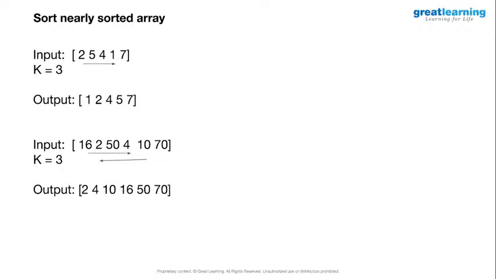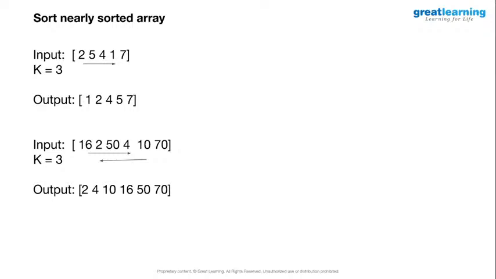This means that this 2 will either be at its own position, or it will be present within 3 indexes on the right hand side, or within 3 indexes on the left hand side. Look carefully at the second output.